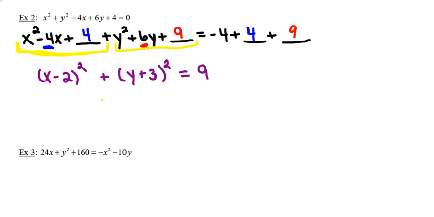So now I have very nicely and efficiently put this into center-radius form. I can tell very easily from this equation now that this is a circle whose center has coordinates 2, negative 3, and whose radius has length 3.